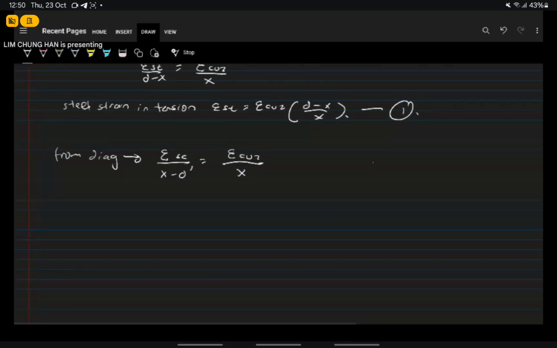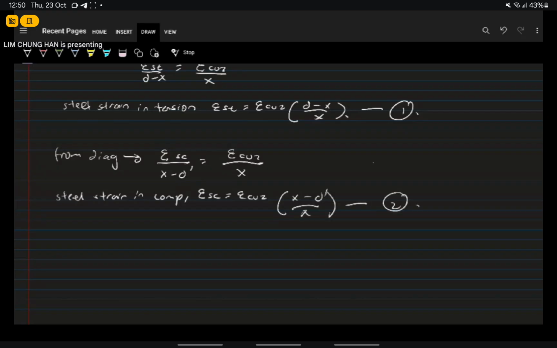You can arrange this relationship to get the steel strain in compression, epsilon sc, which is epsilon cu2 times (x minus d dash) divided by x. This can be the second equation.